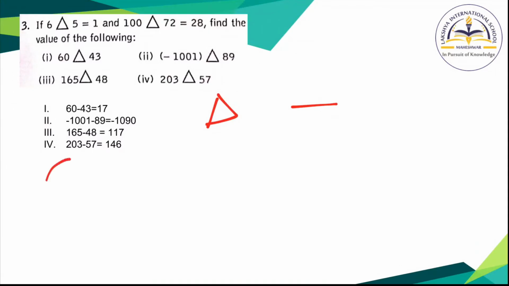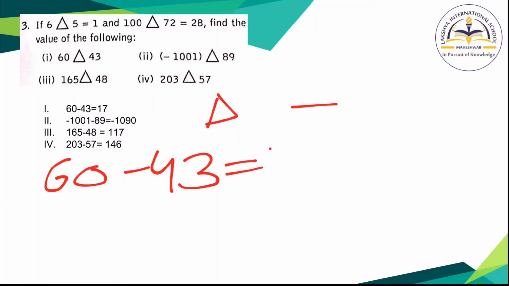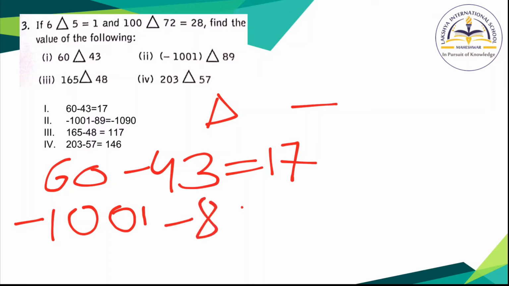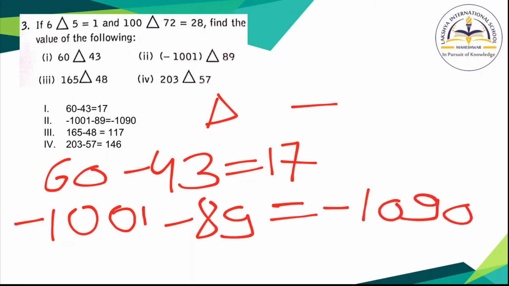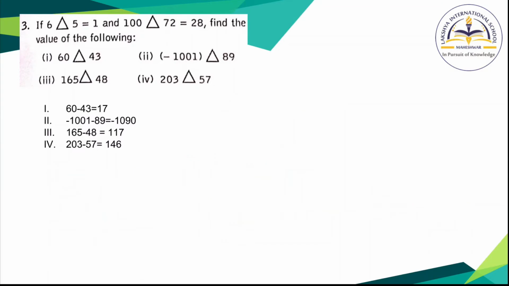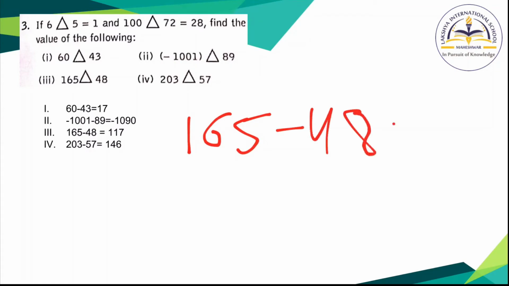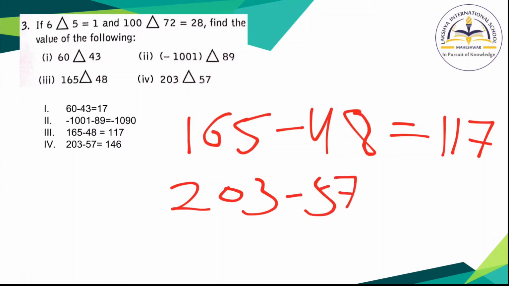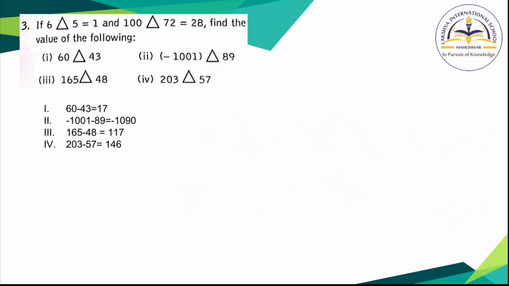Now first question, 60 minus 43, the answer will be 17. Now 1 minus 89, so minus 88 is not needed here; the next is 165 minus 48 equals 117. Now 203 minus 57, 146 will be the answer.